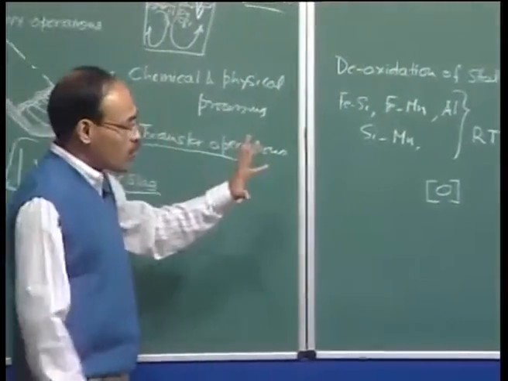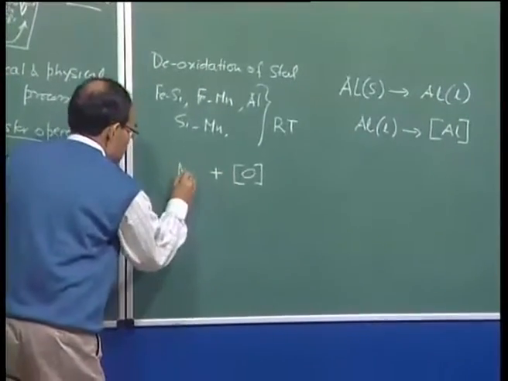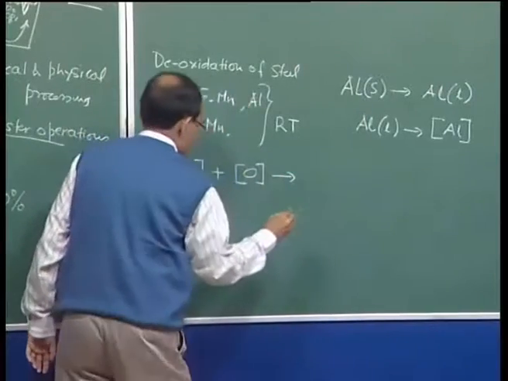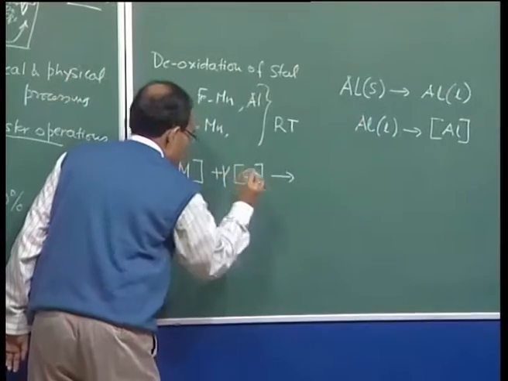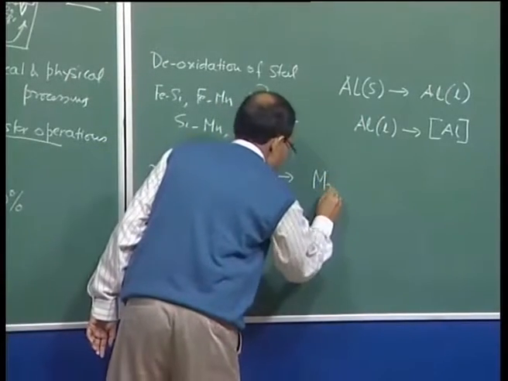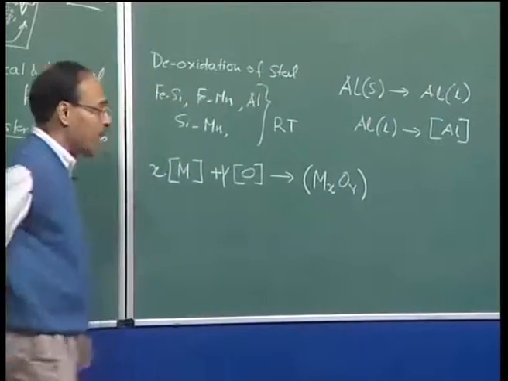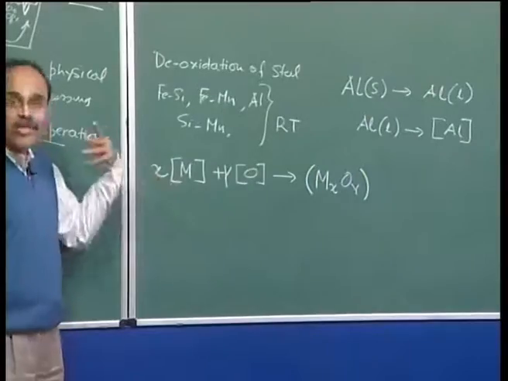So, before the actual deoxidation reaction, which is generally represented like this, note that a third bracket essentially implies that it is dissolved in steel.